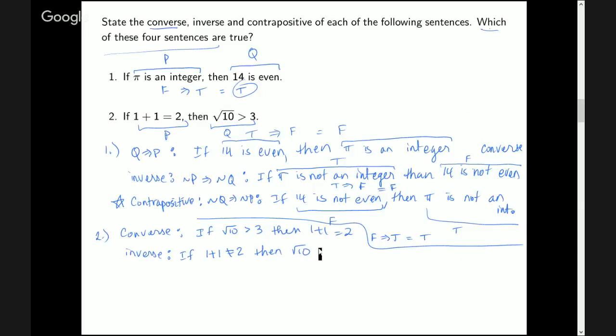Yeah, it's not greater than 3. That not greater than is the same thing as less than or equal to 3. And then contrapositive. Not Q implies not P. So not Q, not the second.